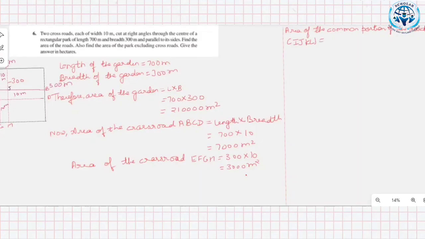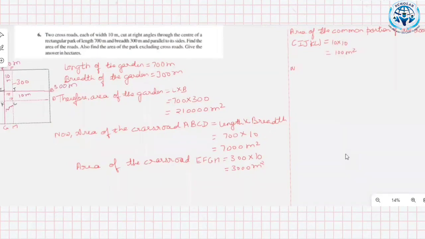Now we will add the area of the crossroads, 7000 and 3000, and subtract this common area from the sum to get the area of the crossroads. 9,900 meter square is the area of the crossroads.